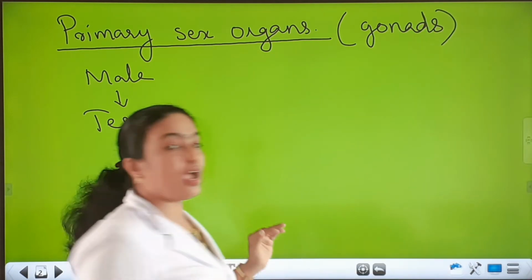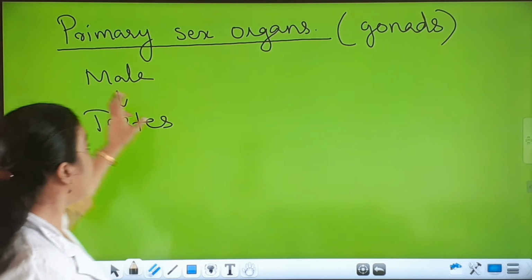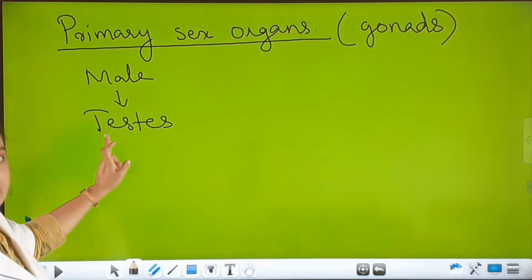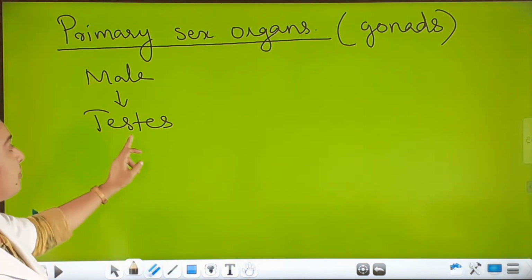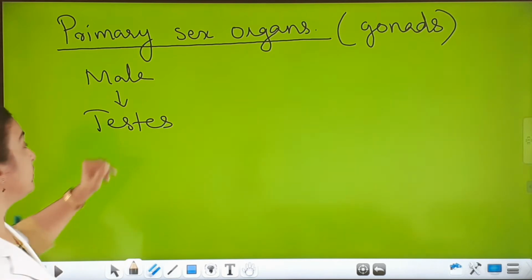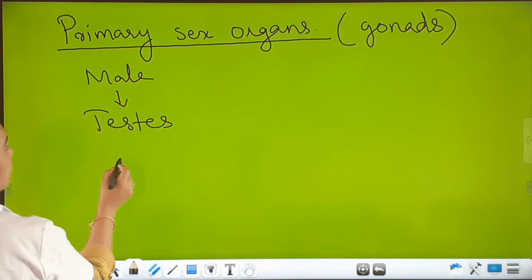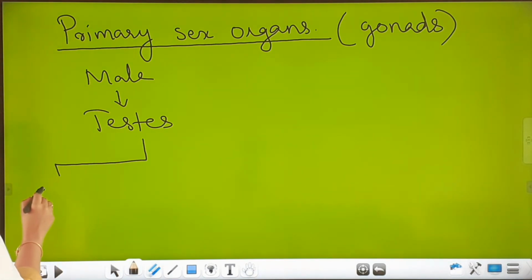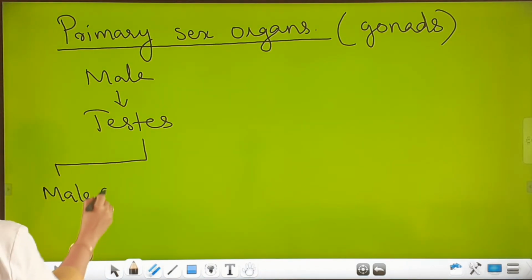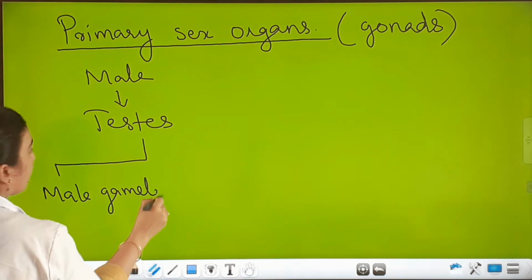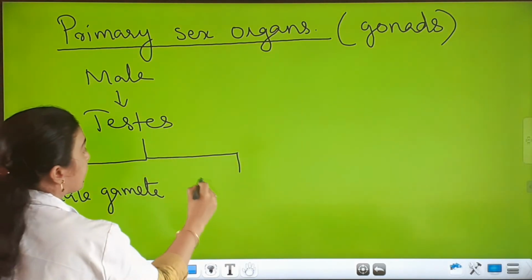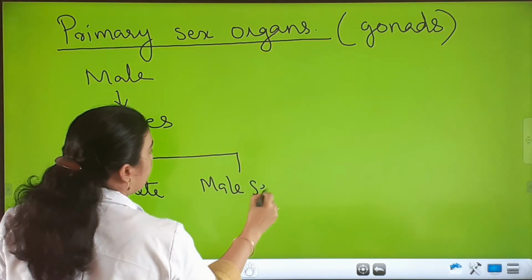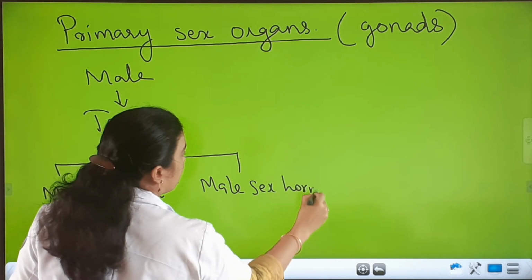So which are the gonads in male and female? We can see in male the gonads are testes, or in male the primary sex organs are testes, and the testes are responsible for the production of male gamete and male sex hormone.